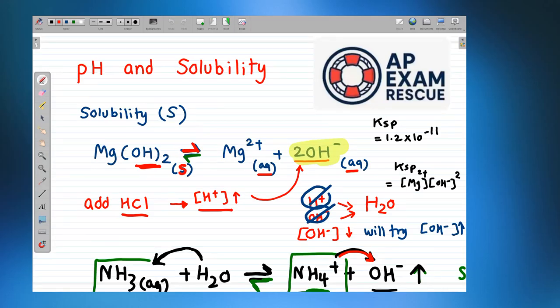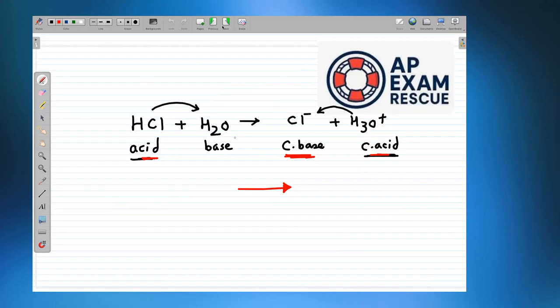It will increase the OH minus. When it increases, the solution tries to decrease it, so it will move backward. So it will do what in the solubility? It will decrease the solubility. So it makes an opposite effect.